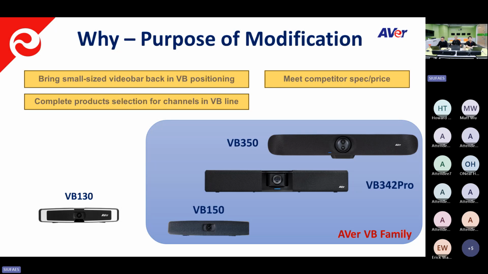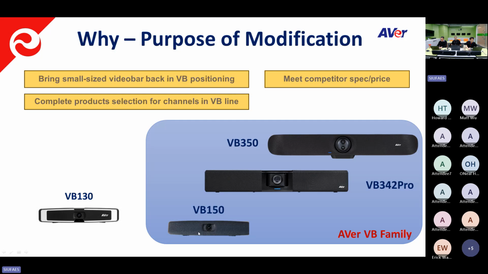But right now, because we want to complete our VB family, as you know, we already have the VB350 suitable for the large meeting room, and also the VB342 Pro, which is very suitable for the medium to small meeting room. So right now, we want to improve on the VB130. So we have the new model.